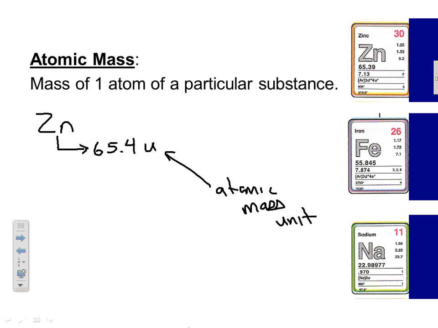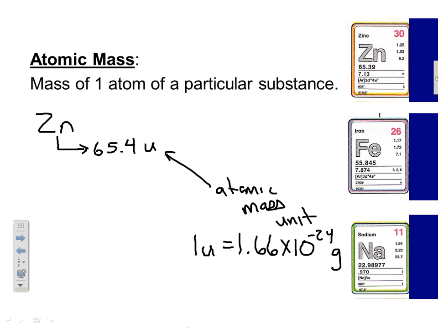And I'm going to write a number down here in a moment, but you don't have to write this number down. I'm going to tell you how small that mass really is. If I had one atomic mass unit, its mass is 1.66 times 10 to the negative 24 grams. Don't write that number down.